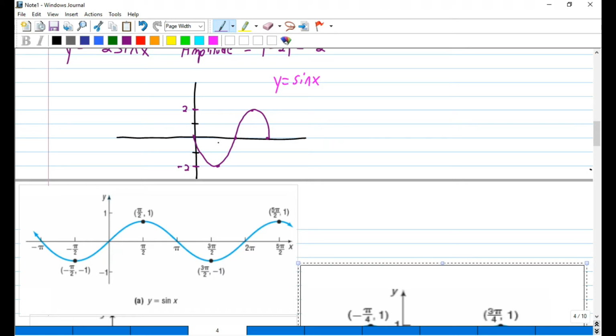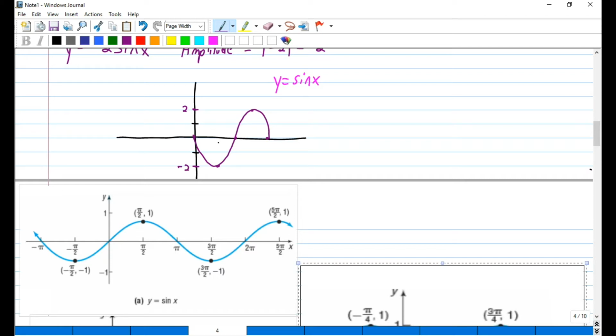For sine, at the first significant point, that's where you start. You start sine at 0, 0. At the next significant point, you have a high point. At the next, you cross. At the next, you have a low point. And at the last significant point, you cross. That will always give us the shape of the sine curve if we follow that.